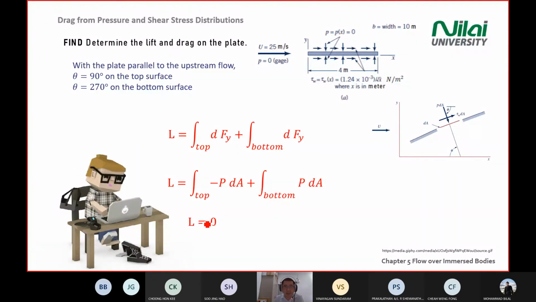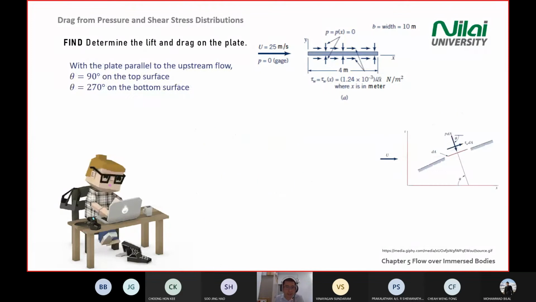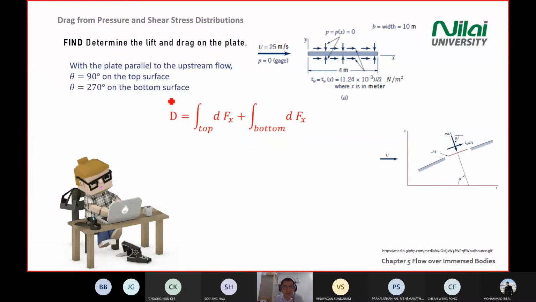Okay. Now we look at what happened to the drag. Again, for drag, you pull out the equation from the definition just now. So D equal to integration of your dFx. Your drag will always be parallel to the upstream. So of course here we have top and bottom surface.